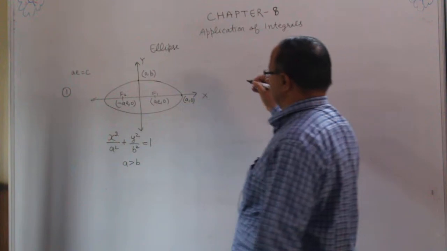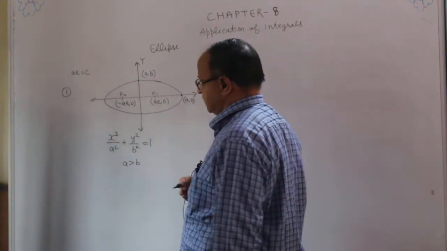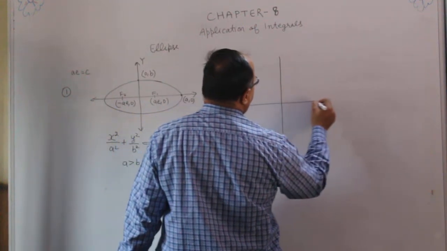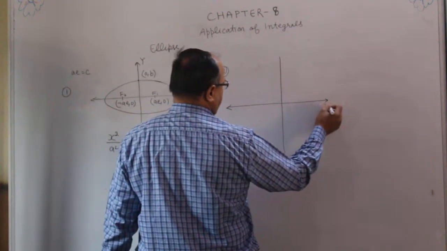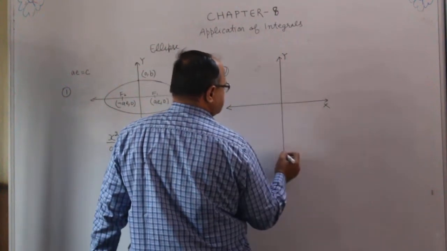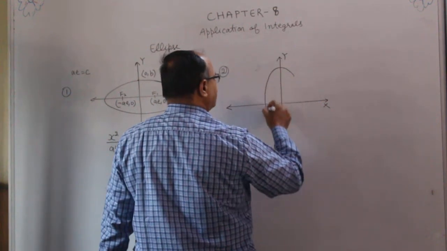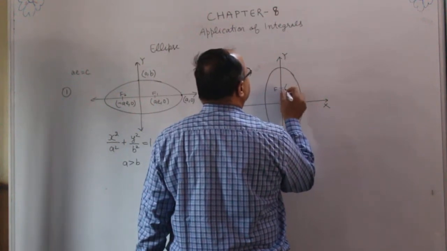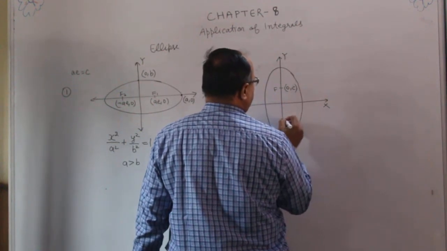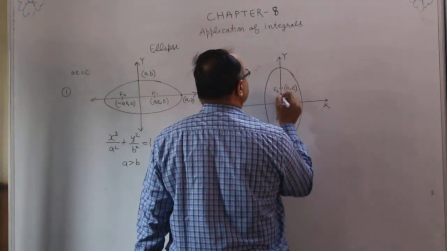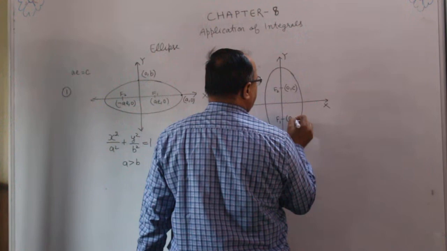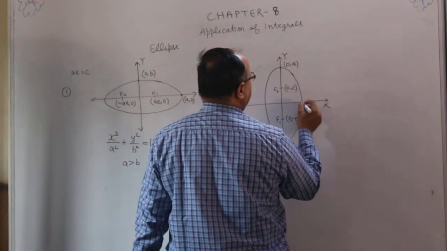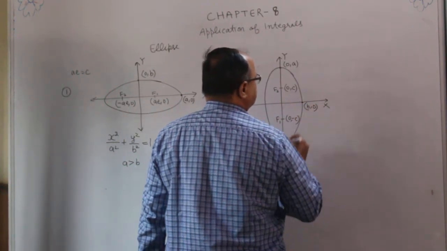And the second type of ellipse, that is vertical form. X-axis, y-axis, vertical form of the ellipse, coordinate of focus you can say (0, c), and (0, minus c), and coordinates (0, a) and (b, 0).